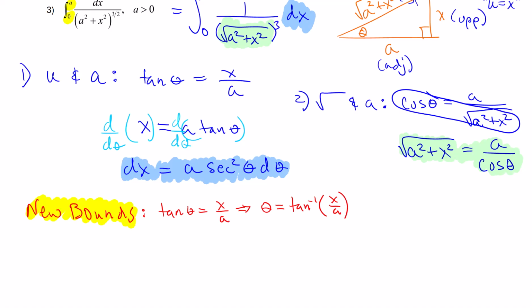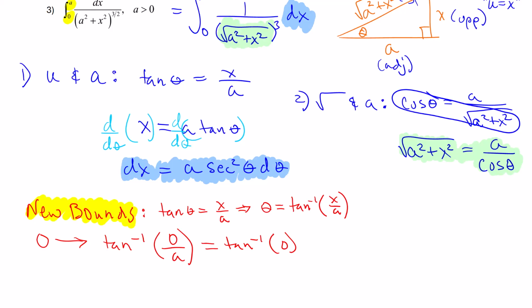Now why does that matter? Because when we had a bound of 0, that's now going to turn into a new bound of whatever you get when you plug in the old one for this expression for theta. If theta is equal to tangent inverse of x over a, then 0 is going to translate into the tangent inverse of 0 over a, which is really just the tangent inverse of 0.